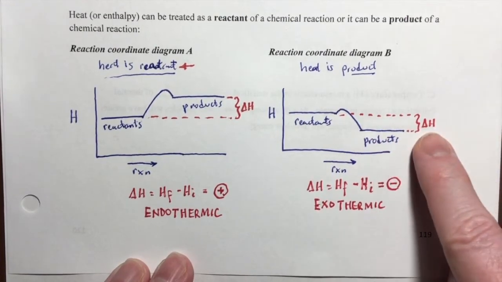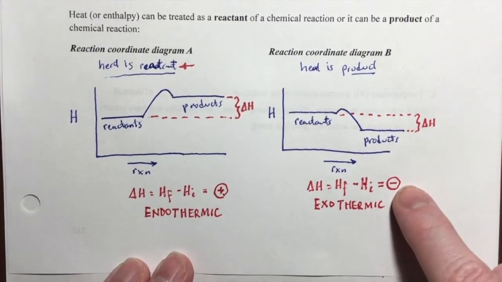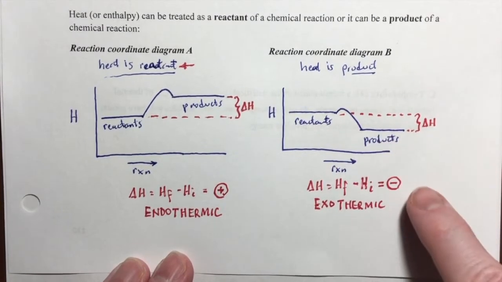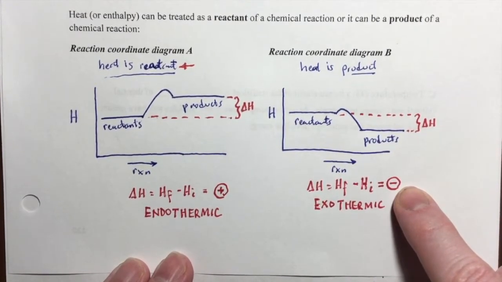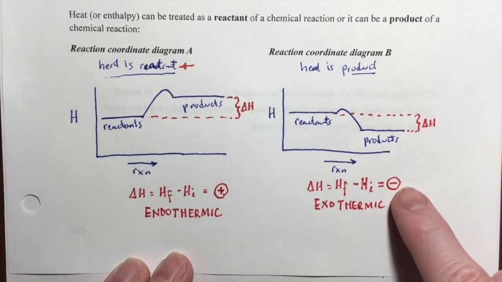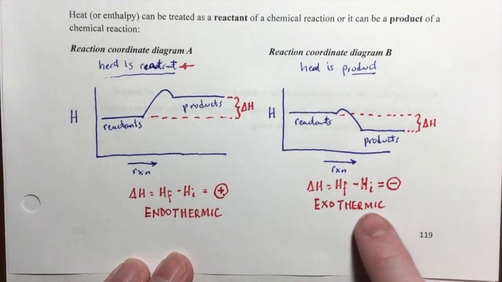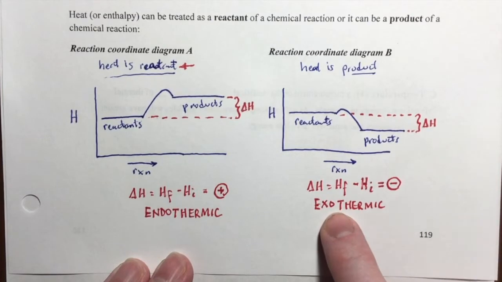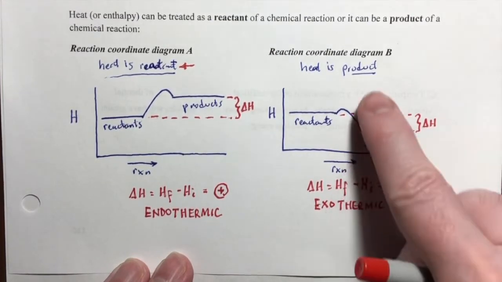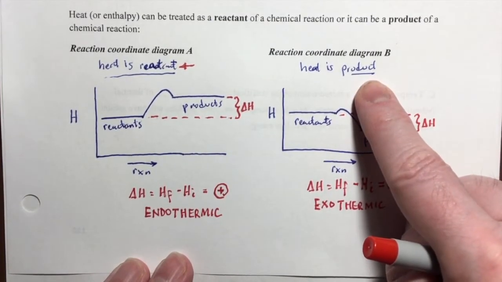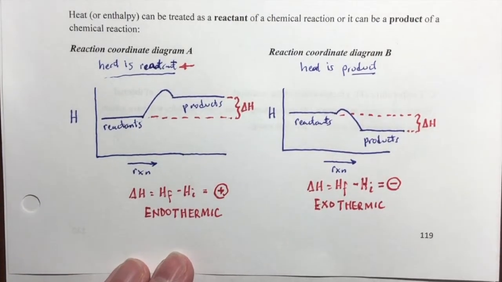So there again, we have a delta H that is negative because the system is losing its heat energy. That's why delta H is negative. Because the system is losing its energy, we say it's exothermic. The heat is leaving the system, and therefore heat is a product of the reaction.